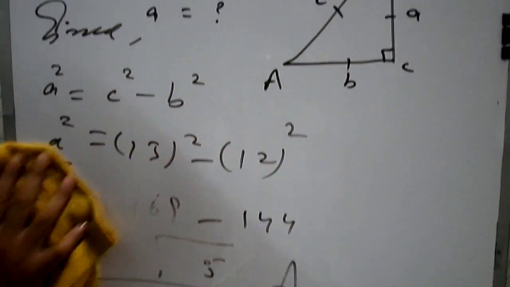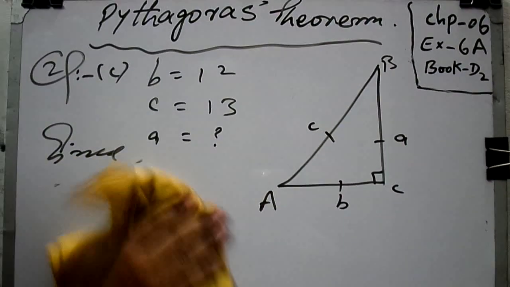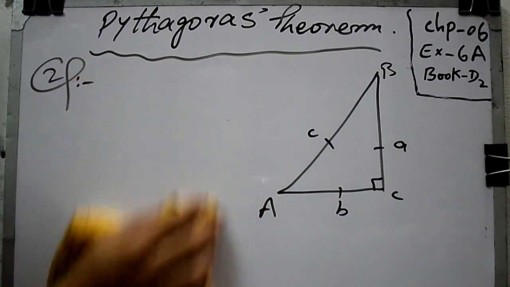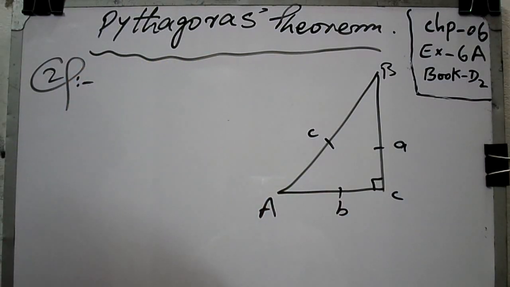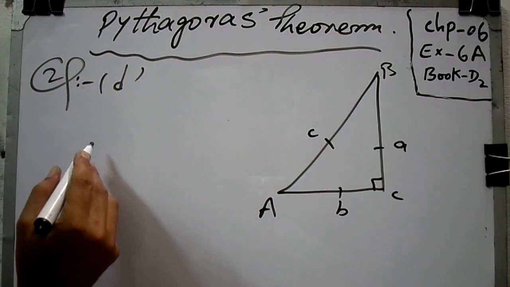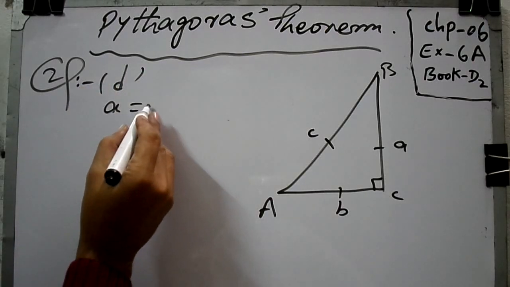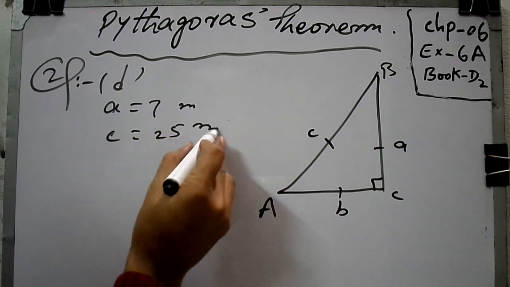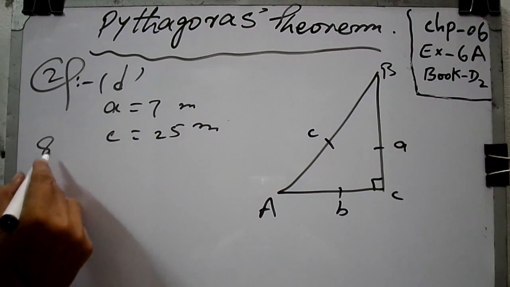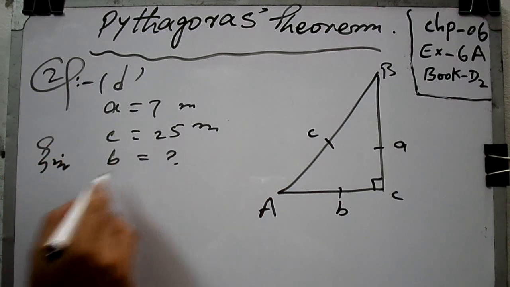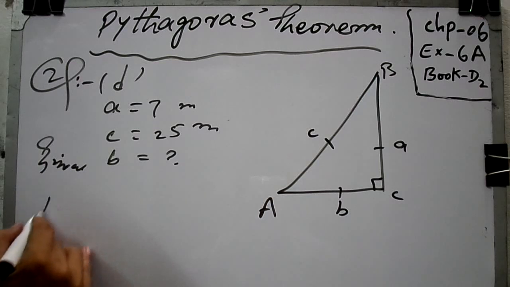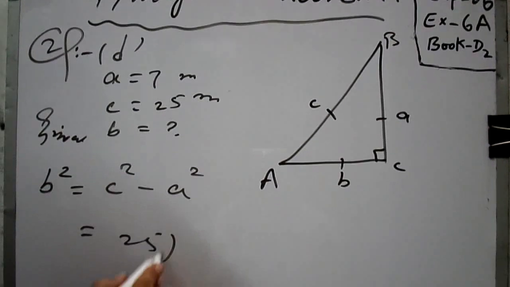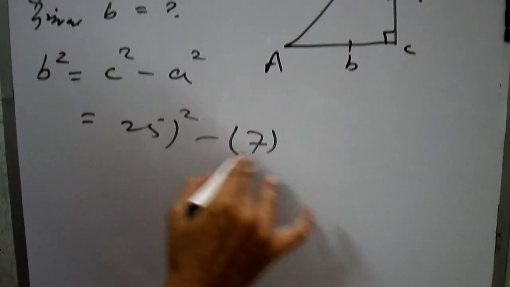Now coming to the D part. In D part you can see the value of A is 7, C is 25 meter. Okay, we have to find B. Since by Pythagoras theorem B square is equal to C square minus A square, so putting the values, 25 square, that is 625, minus 7 square.